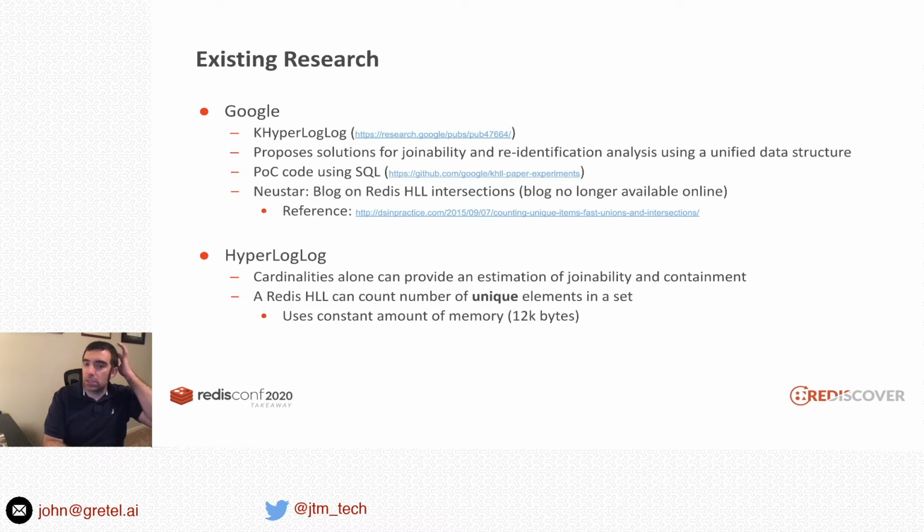It uses a constant amount of memory, approximately 12 kilobytes, and it is extremely quick at adding elements to a set and computing the estimated cardinality of a set. There is a standard error of 0.81% because of its probabilistic nature.